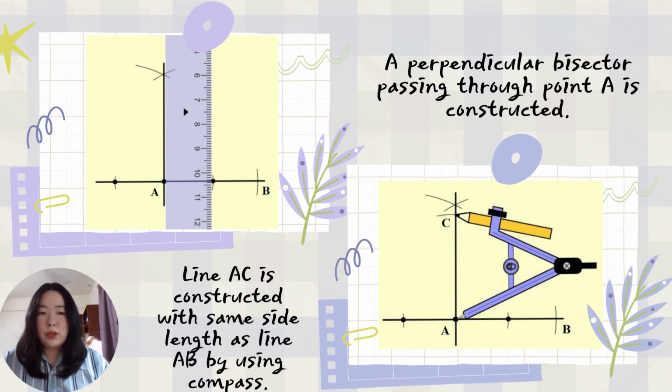Then, from the 2 points, we construct a perpendicular bisector which will pass through line AB at point A. After the perpendicular bisector is formed, we adjust the compass to the length of line AB and mark 1 time on the perpendicular bisector to form point C.